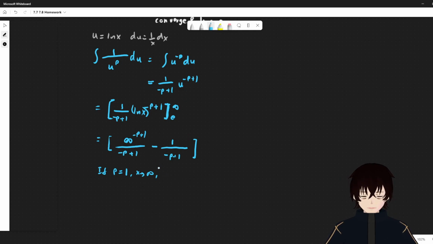As x approaches infinity of negative 1 plus 1, 0. Anything to the power of 0 is 1. Then down here, p cannot be equal to 1. So that is divergent.